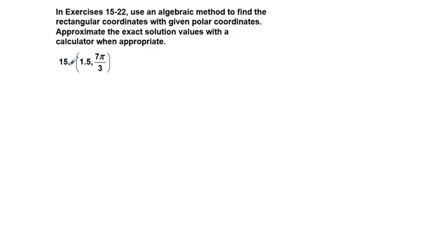Well, what we're doing for polar coordinates, we're given a radius. This first value is an r and then an angle. So the format is going to be r, comma, angle. And then the formula we're going to be using to change from polar coordinates to rectangular coordinates are these: r cosine theta equals x, and r sine theta equals y.